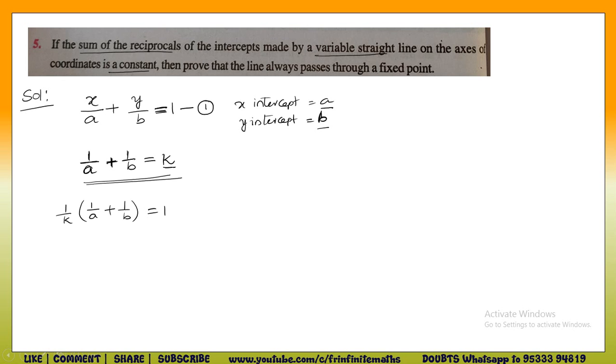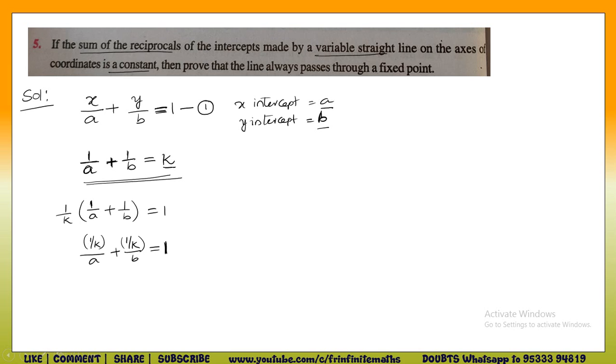Multiplying 1 by k, I can write it as 1 by k by a plus 1 by k by b is equal to 1.